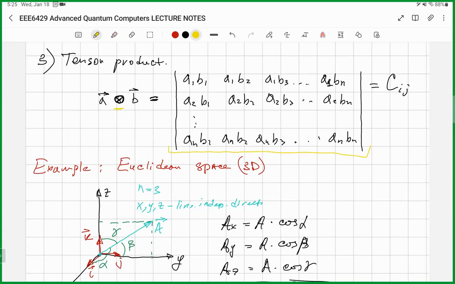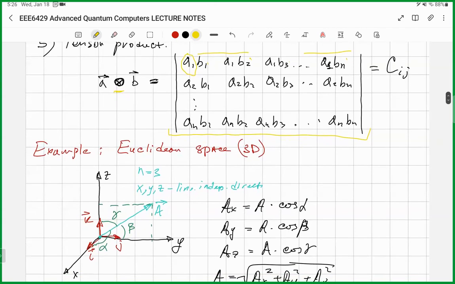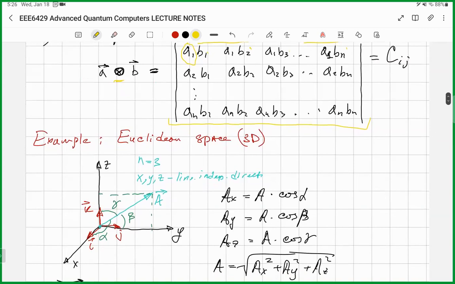Its components are equal simply to the products of all the combinations of the components of the vectors. For example, the first row consists of the first component of the first vector multiplied by the first component, second component, third component, up to the nth component of the second vector, etc. All combinations of these components in the right order.